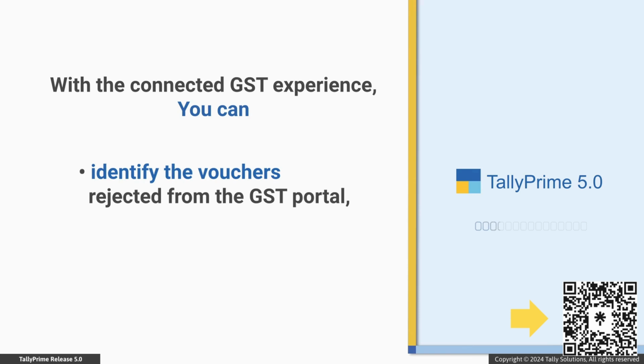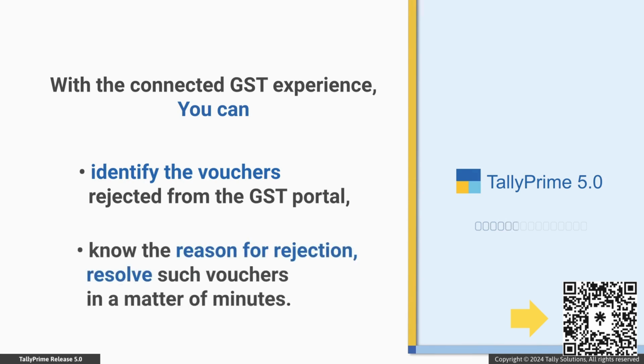Previously, it took a lot of time for you to identify the rejected vouchers and generate the rejection report. In addition to that, you had to identify the vouchers in TallyPrime and refer to the rejection report to resolve them. With the connected GST experience, TallyPrime Release 5.0 makes resolution of the rejected vouchers a cakewalk.